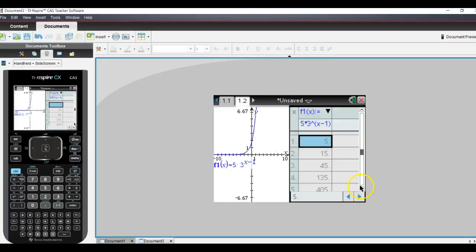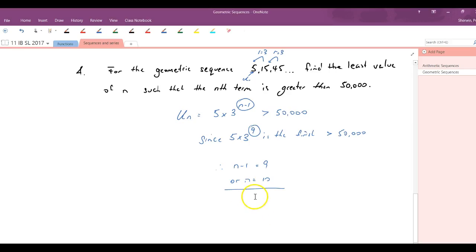And what we'll see here is it'll give us values of x over here in the left column. And we're looking for the first value to be above 50,000. 32,805 is below, 98,415 is above. There's our value of 10. Remember I graphed x minus 1, so there's my value of n that we're looking for in the problem.